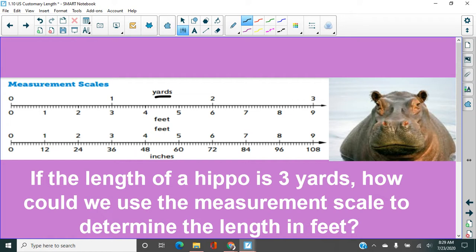I see the yards are on top. This top scale right here is yards and feet. So that's the one that I want. This one down here is feet and inches. I don't want that for this problem. So 3 yards. Yards are on the top. So here's 1 yard, 2 yards, 3 yards. And I can see that 3 yards is worth 9 feet. So my answer would be 9.